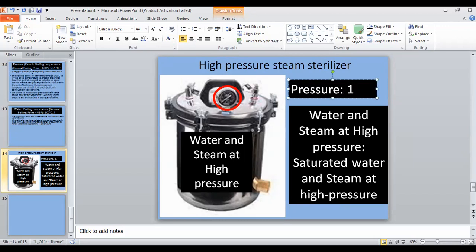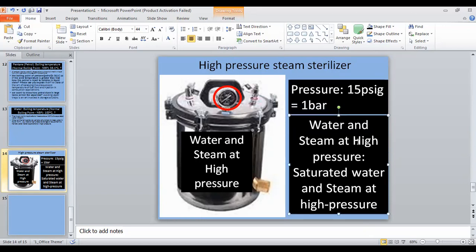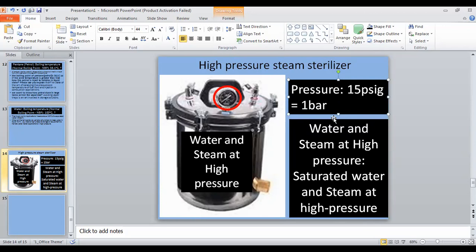For the normal application, we call 15 psi. 15 psi gauge. Okay. Or we call almost 1 bar. 1 bar.